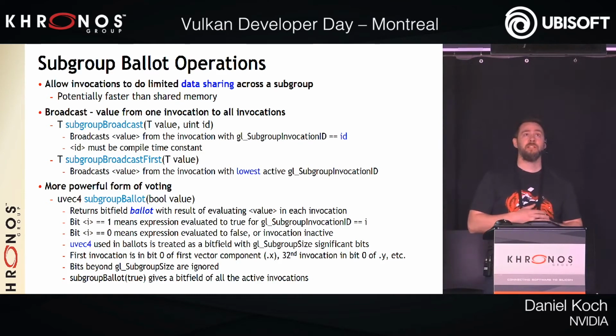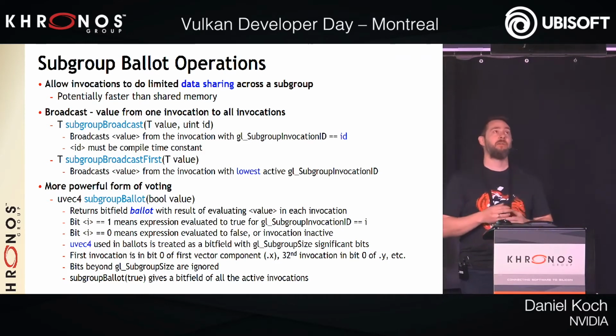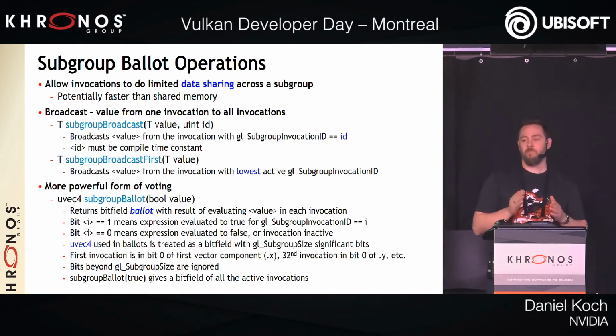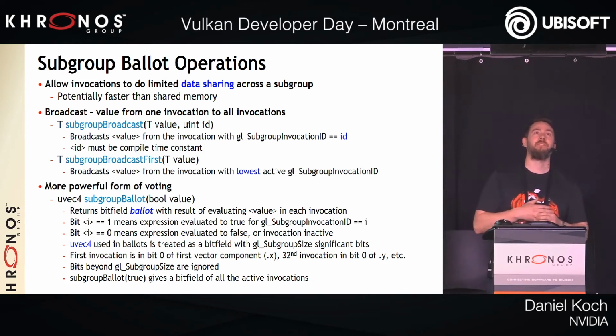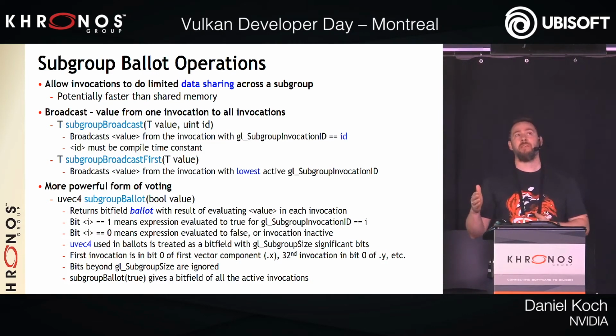The reason a uvec4 is returned, if you looked at some other APIs, they might have just returned a uint32 or something. The reason we have a uvec4 is because we allowed up to 128 invocations in a subgroup, so we need to be able to return that. There's no uint128, so we've packed it into a vec4 of uints. The lowest bit of the first vector component, the .x, represents the first invocation.